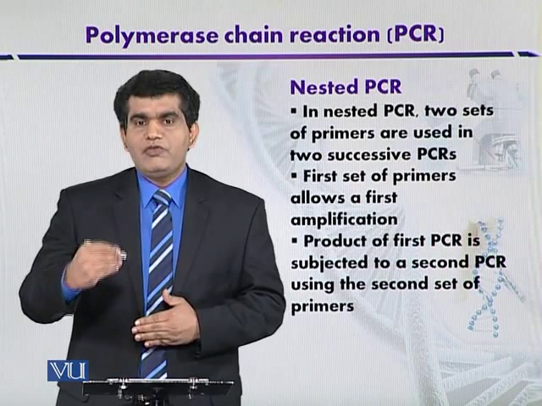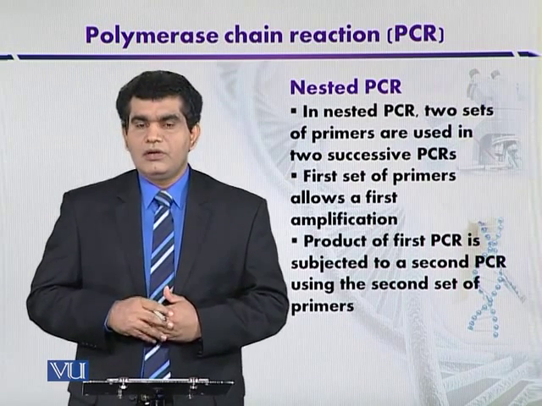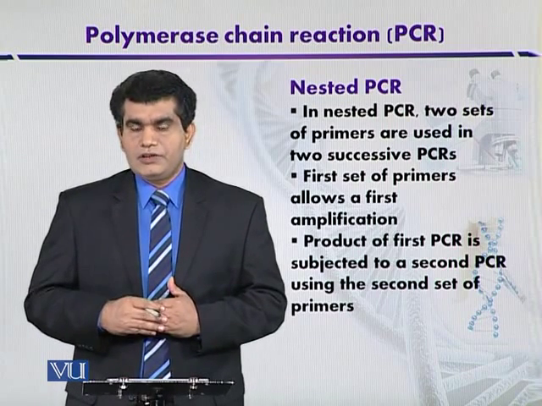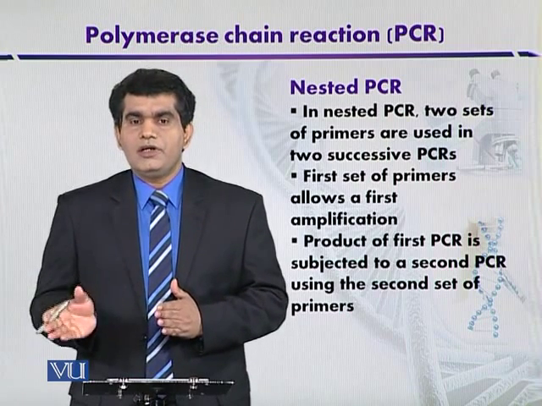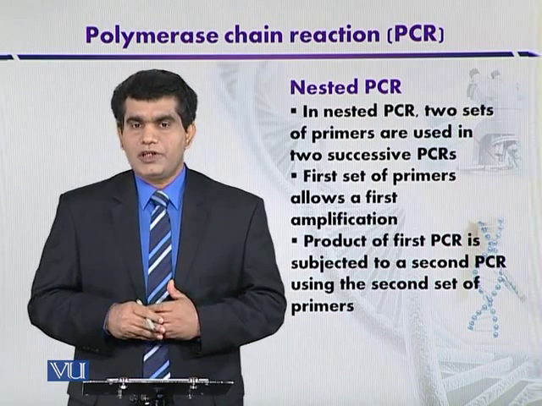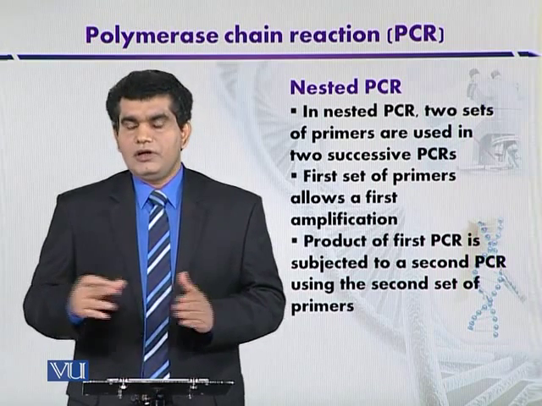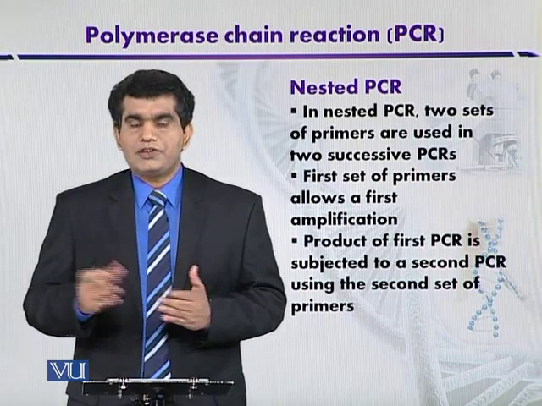Now why do we perform or use nested PCR? Sometimes specificity is required. Fidelity in the synthesis of DNA is required that may not be possible by using the basic technique. For example, if the DNA fragment is long, then under such circumstances errors may be introduced.